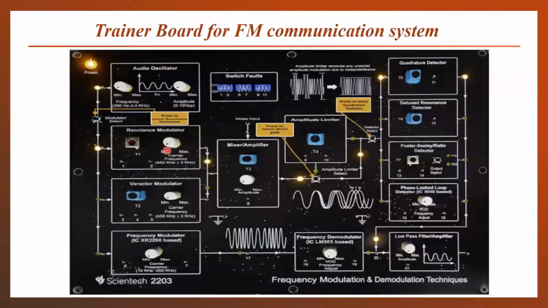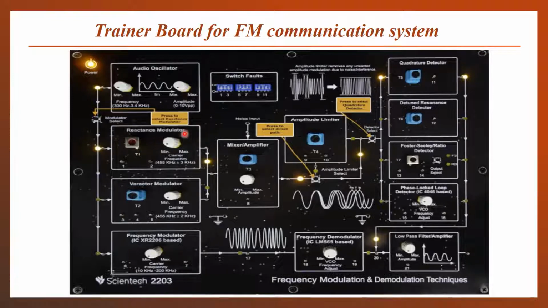The detailed theory you have learned in your classes. You can choose any of these modulators through a switch provided. The LED glow will show which modulator is chosen here.